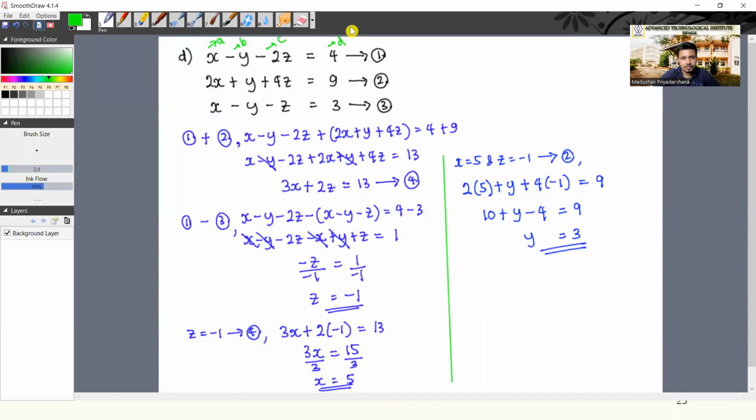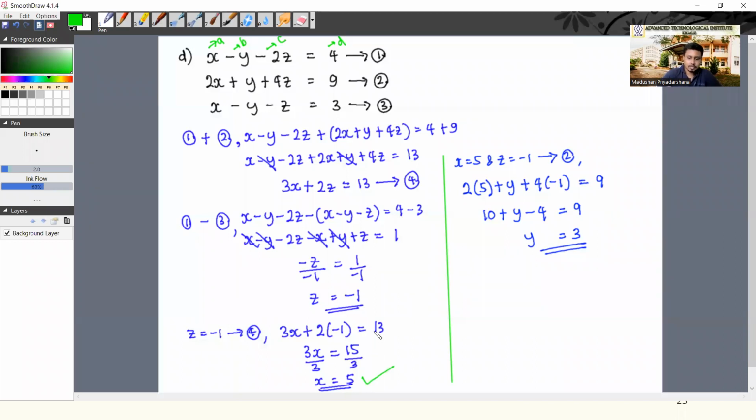Then A3 value, third equation, A value 1. Press equal. Third equation, B value -1 equal. C3 -1 equal. D3, that is 3. Press equal. Then on your calculator display you can see this answer. x equals 5.